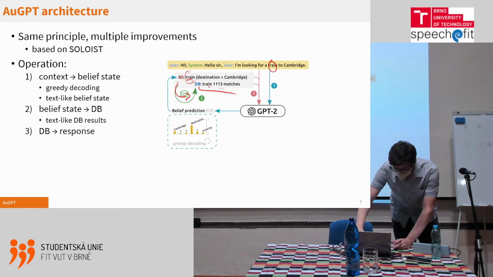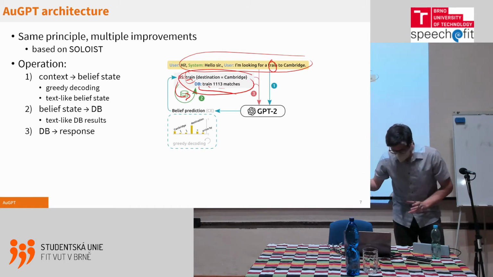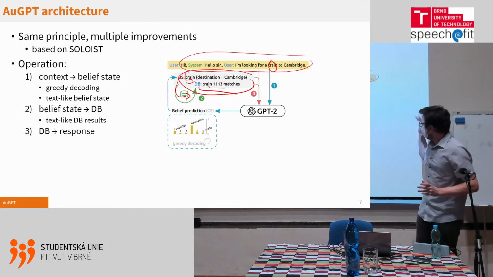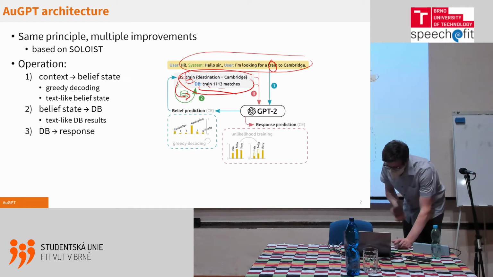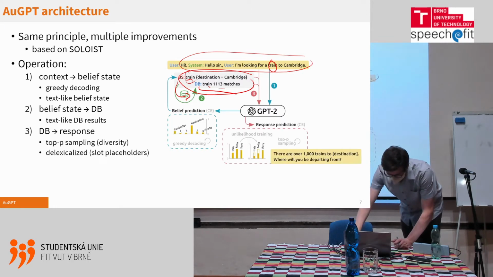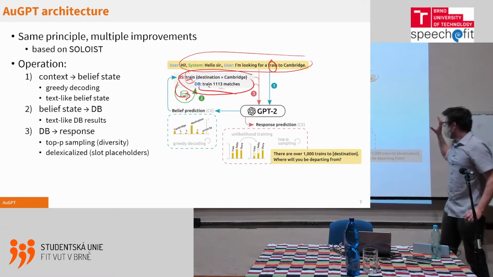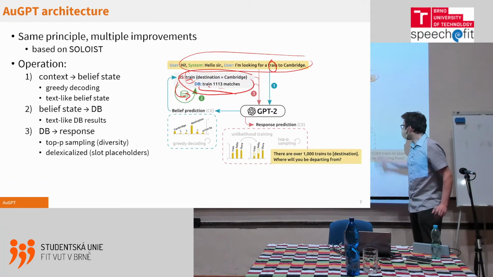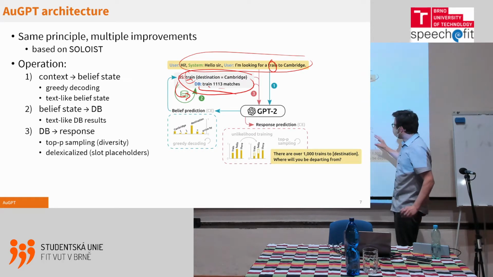And now we take the context as well as the belief state and the database results, and do one more pass through the network to predict the actual response. And for the response, we actually use some sampling. So it's not always exactly the same.